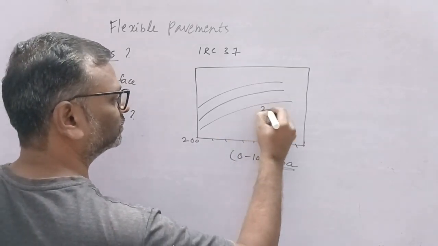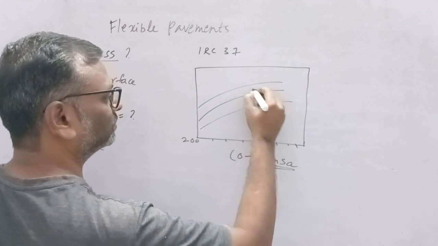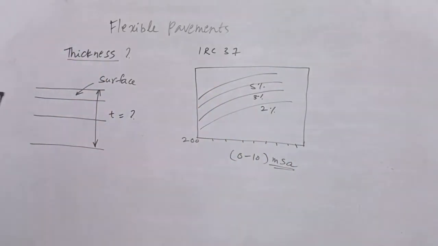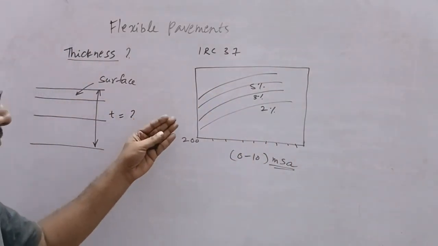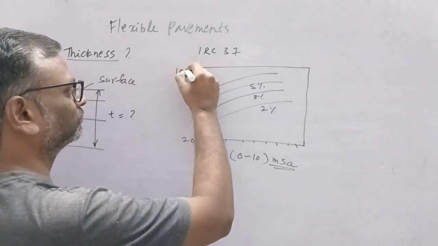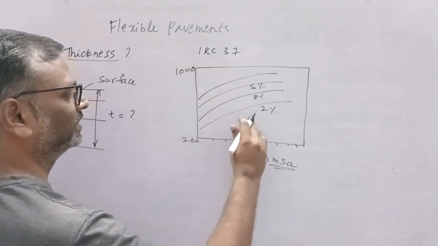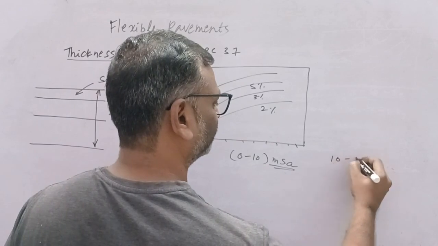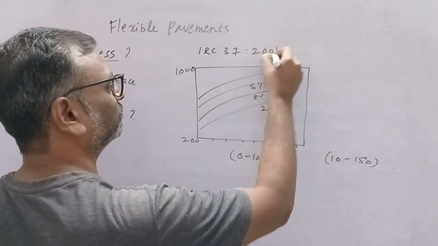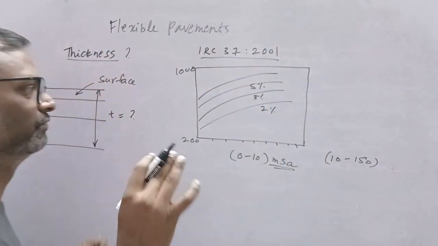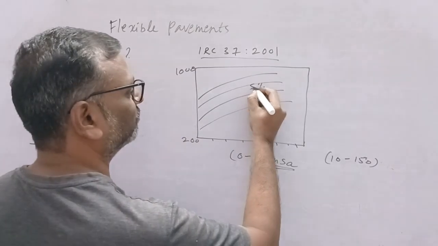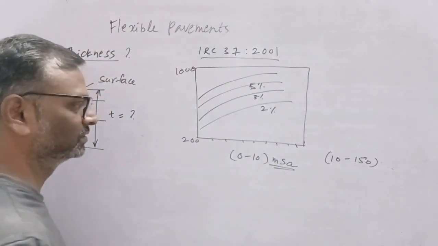We have CBR 2%, 3%, 5% like that. We have different values. And the other chart is for 10 to 150 million standard axles, IRC 37 2001. Nowadays we are not using these charts anymore. We are using different software for calculating the thickness.